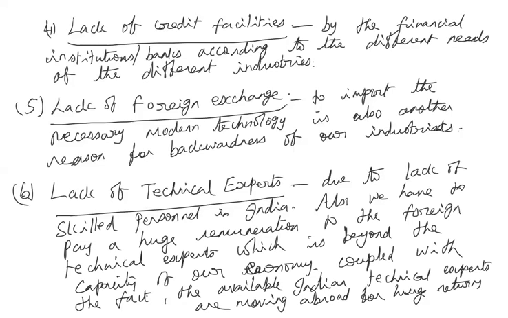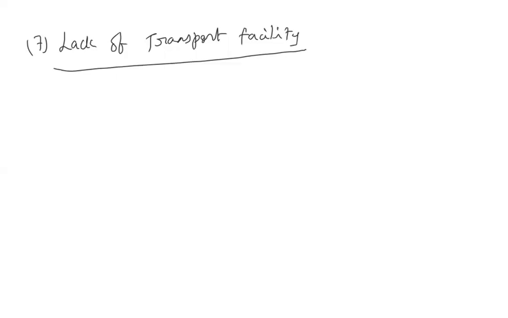Okay, then the next factor affecting is a very common and very important one, lack of transport facility. Infrastructure is a must for the development of industries. Wherever the infrastructure facilities are well developed, industries tend to concentrate in those areas. But the transport facilities in our country are not according to the standard.